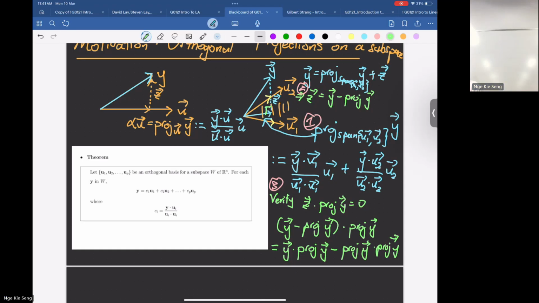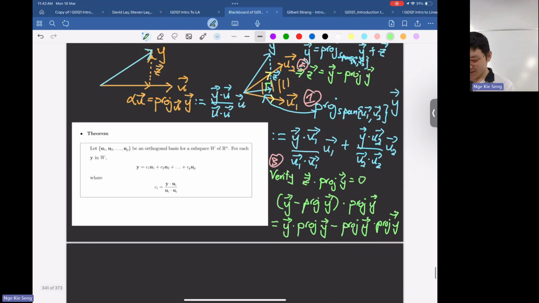What do you think? We need to compute, correct or not? Just compute it. So y dot proj y is what?